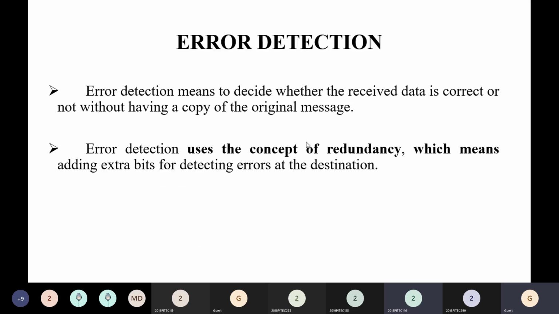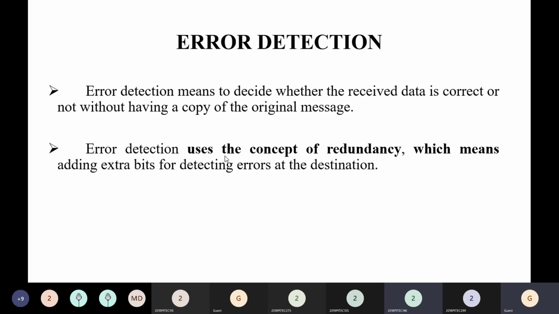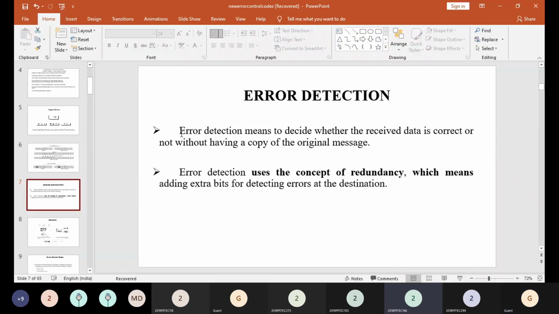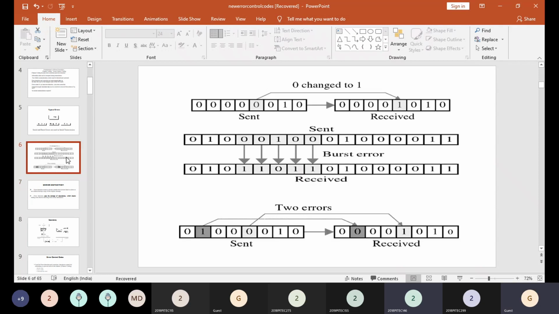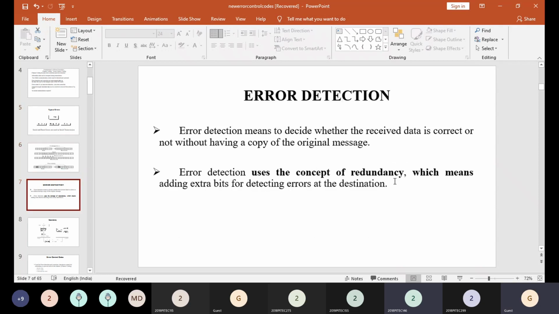And the error detection mainly uses the concept of redundancy, which means adding extra bits for detecting errors at the destination. So this is what we were seeing earlier actually. So you can detect errors, for example, in this particular case.